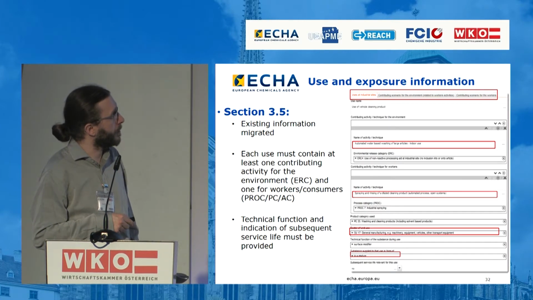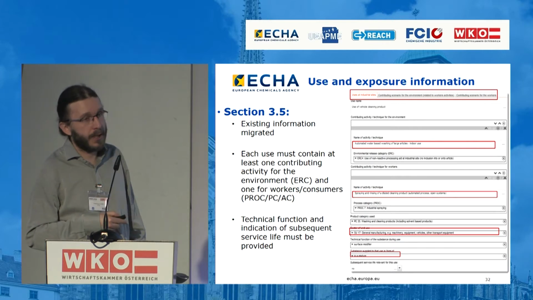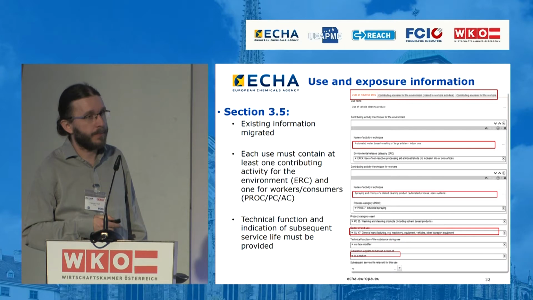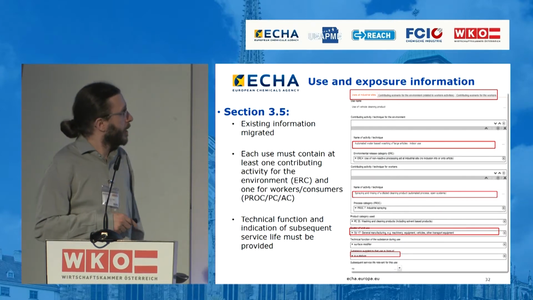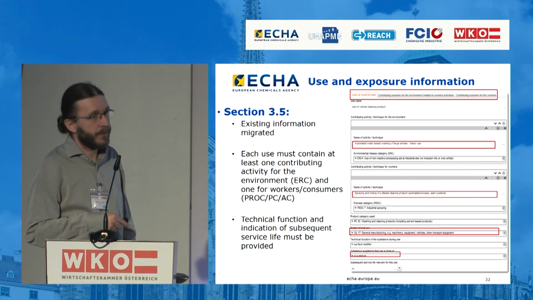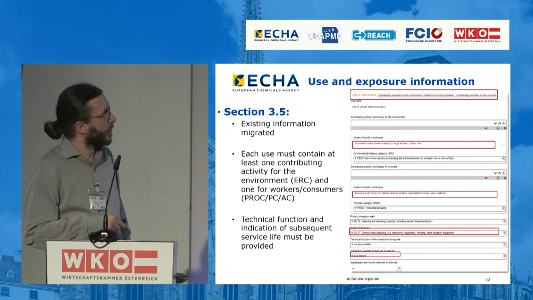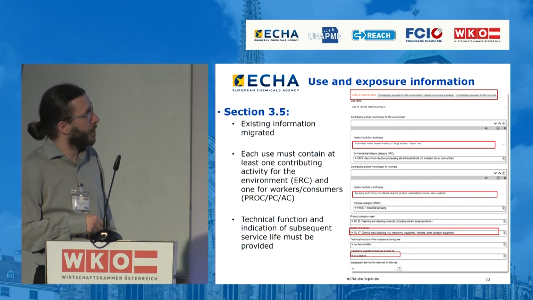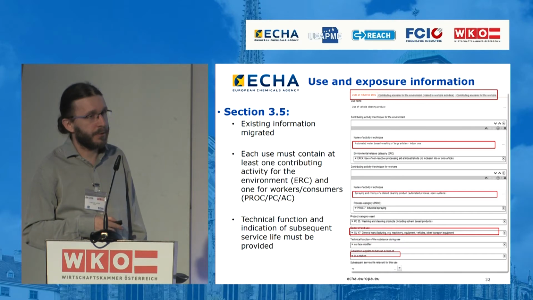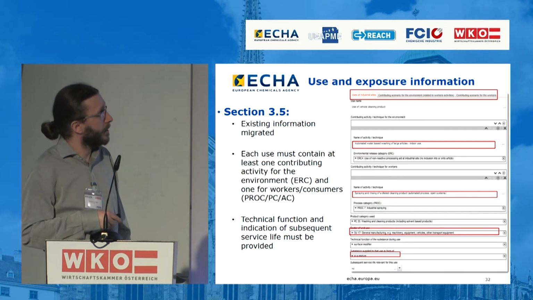For example, the use name, but also some parameters or identifiers for this use. For example, if you have exposure to the environment and you have a contributing activity, that has to be specified.